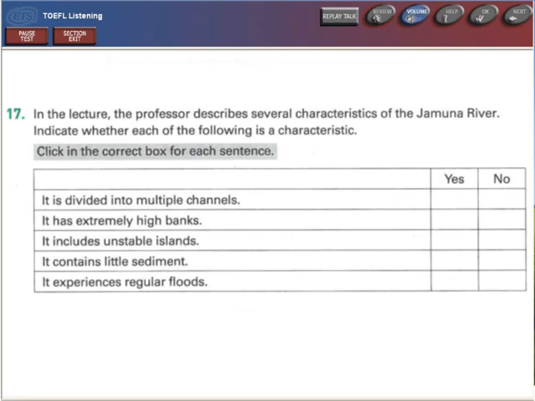In the lecture, the professor describes several characteristics of the Jamuna River. Indicate whether each of the following is a characteristic.